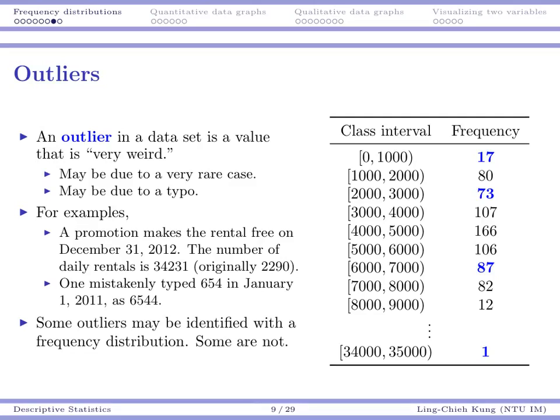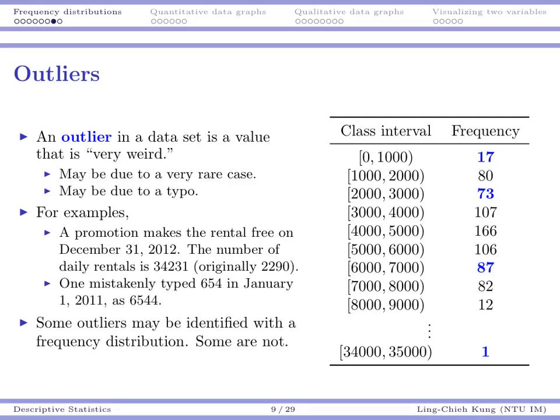For example, suppose on December 31, 2012, there was actually a promotion and all the rentals on that day were free. Suppose that's the case, and suppose the number of daily rentals was such a very, very large number instead of 2,290.